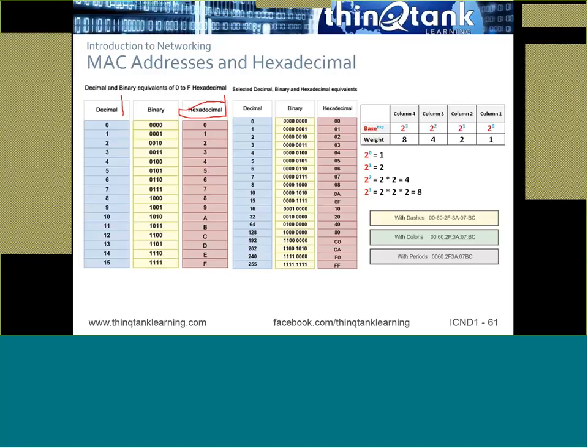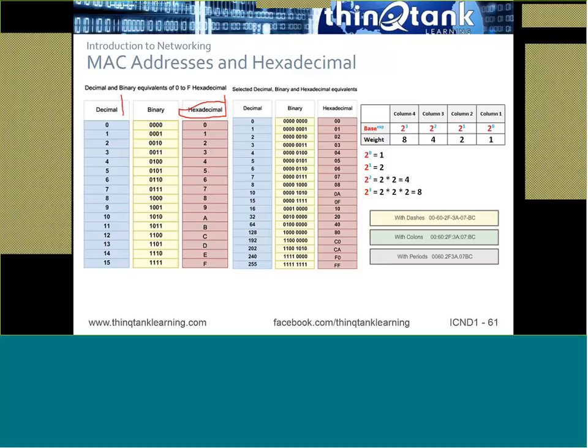This is a base 16 system, meaning that we only have 16 possible numbers. The decimal is called base 10. Binary, of course, is called base 2, because in binary we only have a 0 and a 1. So then the question gets posed, well, why 4 bits? Why can't I represent hexadecimal numbers with 3 bits?